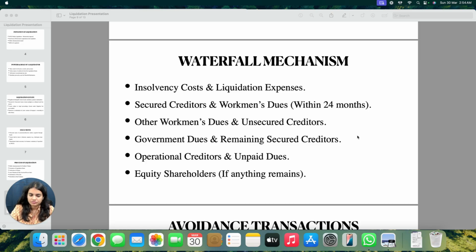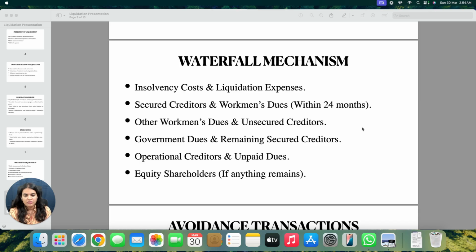Now, after government dues and remaining secured creditors come operational creditors and other unpaid dues. So, operational creditors: any other operational creditors than statutory authorities and workmen. It can include basically vendors and such other operational creditors.